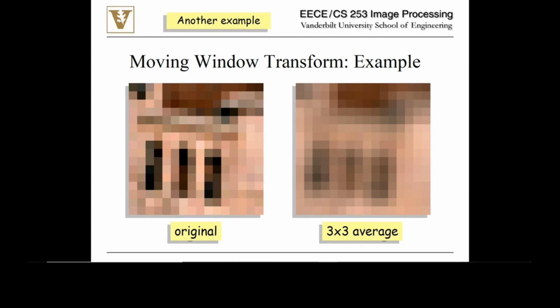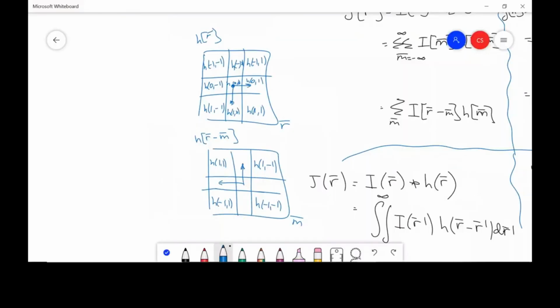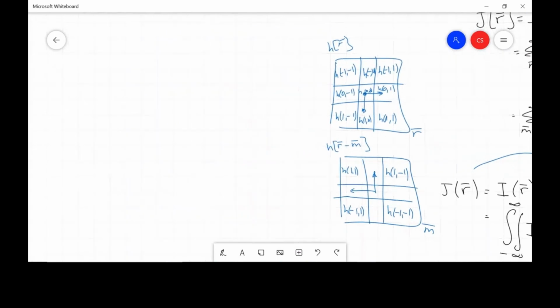So you have the original, and this would be the output if you take an average, a kernel that is. Now we can figure out what is an averaging kernel. So an averaging kernel would be something like this.